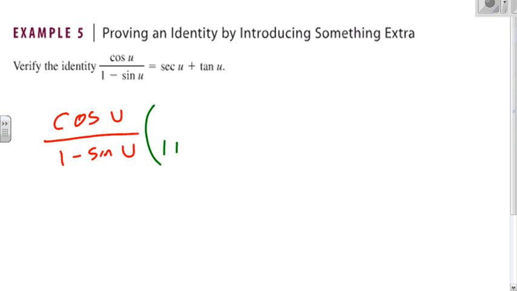So we're going to multiply, similar to what we did in the last example, by 1 plus sine of u on top and bottom.